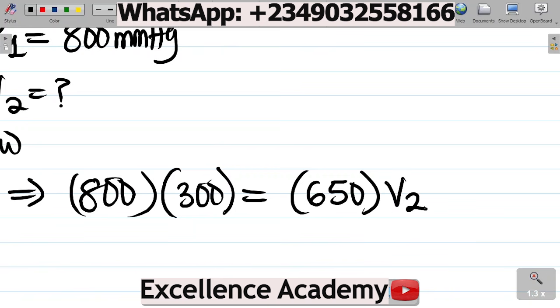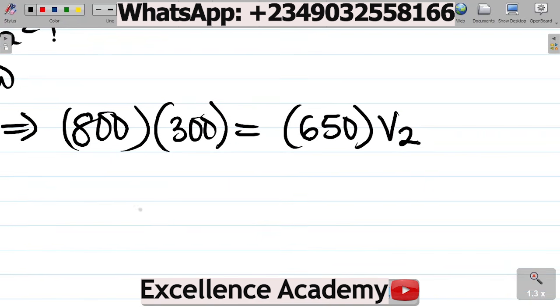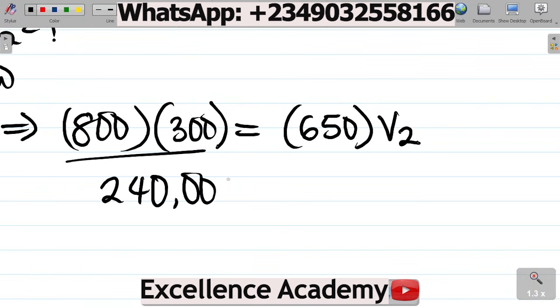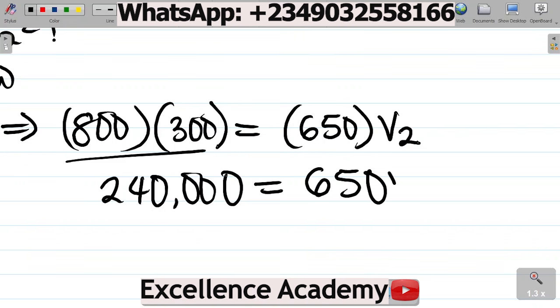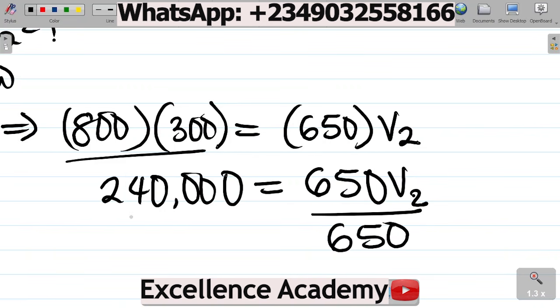All right, let's punch this. I'll get my calculator. First things first, 800 times 300. That's 240,000. So this gives you 240,000 is equal to 650 times V2. To get the value of V2, divide here by 650. Divide here by 650.